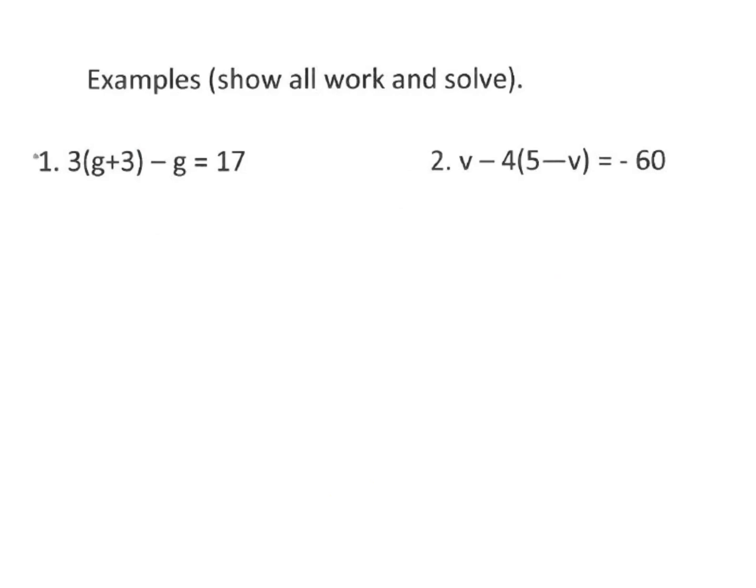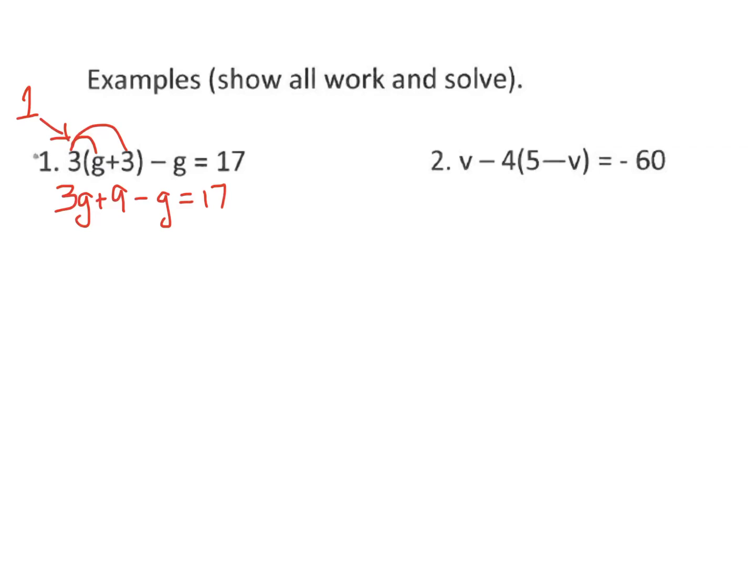Okay, my step number 1 is always going to be to distribute. In this case, I only need to do that one time, and then I'm going to go ahead and bring down what it equals. 3g plus 9 minus g equals 17. That is step number 1.